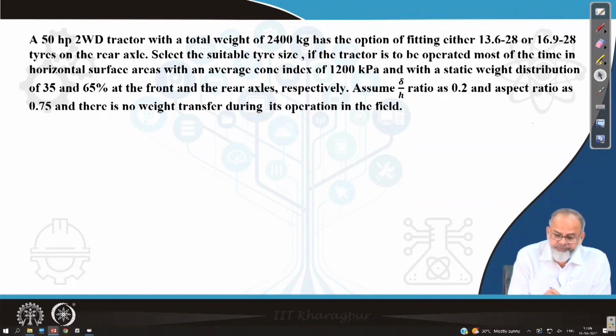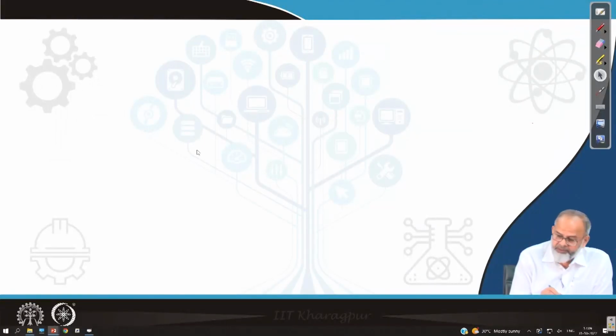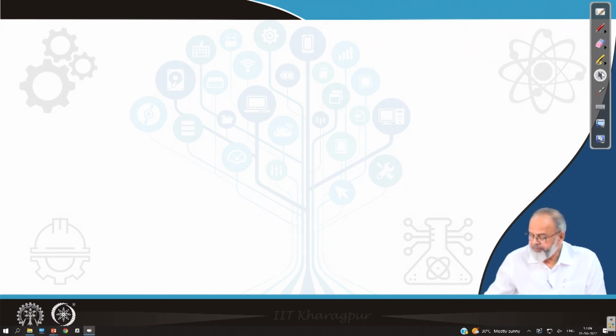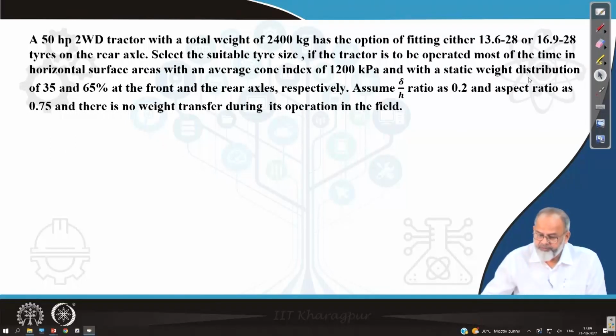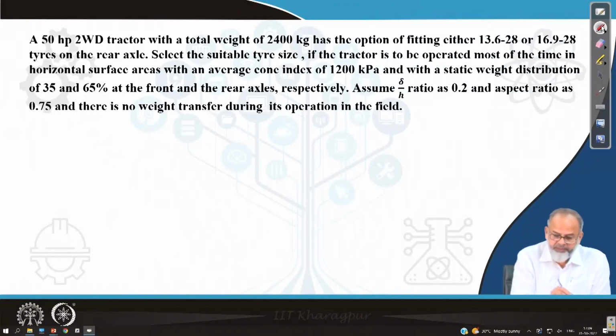So, for calculating mobility number, we have to find out what is the tire diameter. There are two tire specifications given. One is 13.6-28 tire, the other one is 16.9-28 tire.